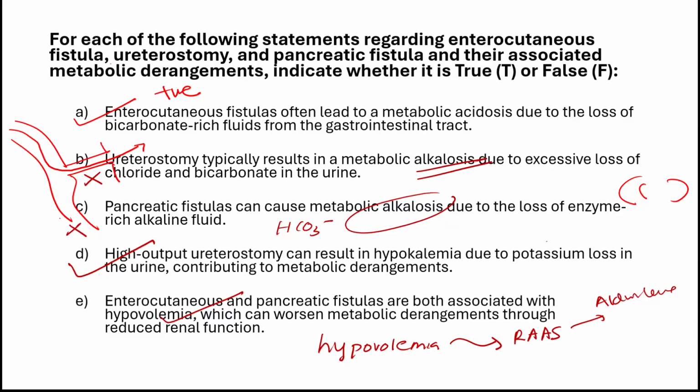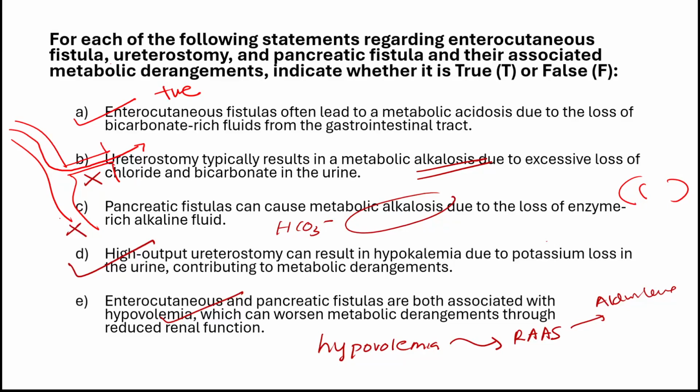Now, the aldosterone tries to make some sort of amendments. It tries to reabsorb sodium, but in the meantime, it will cause further loss of potassium, excessive loss of potassium particularly.